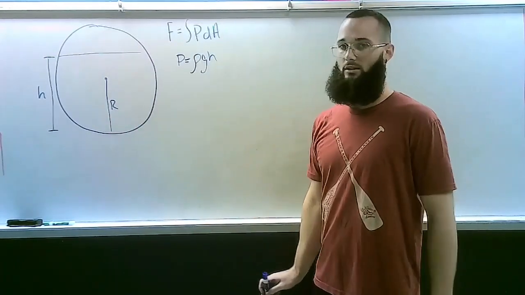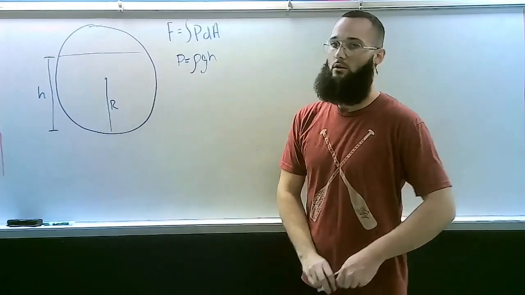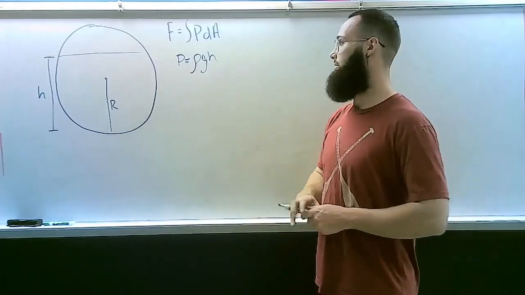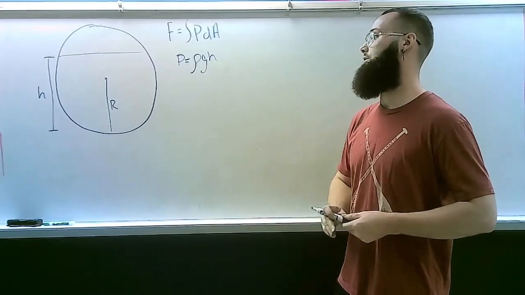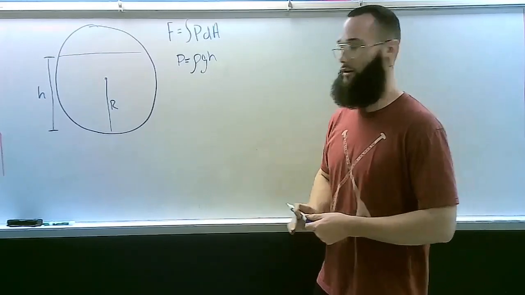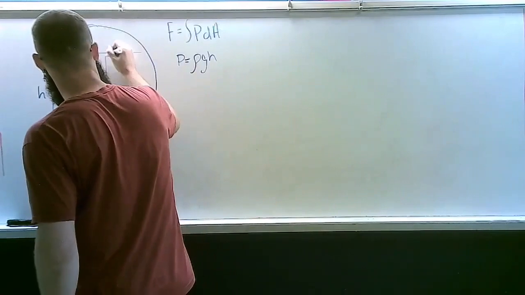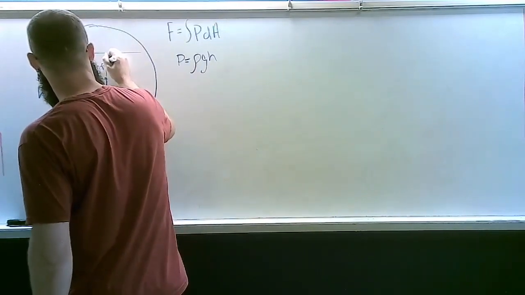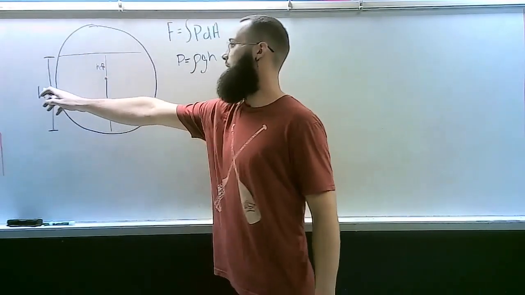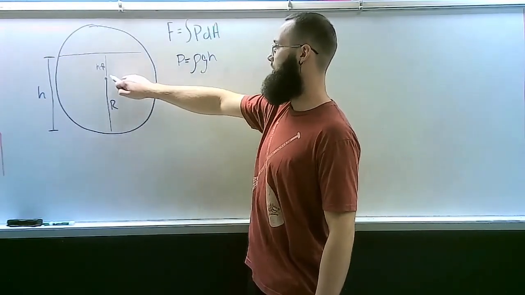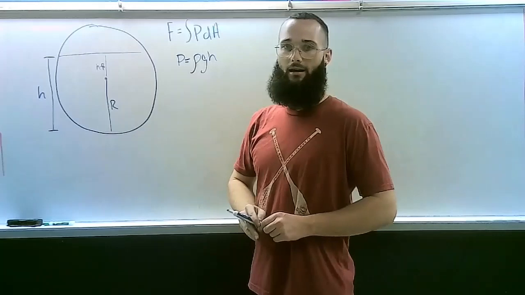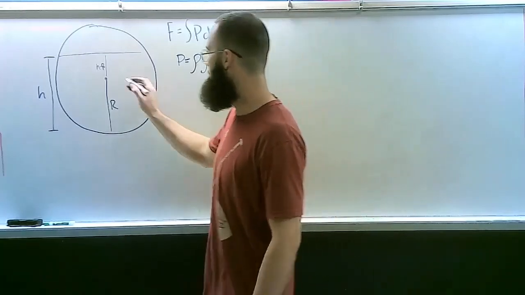However, it's not as simple as the last time. Because this is a circle, we would like to change all instances of h into polar coordinates. So we're going to change everything for h in terms of theta, which means, because this height of the fluid is h, and we know the radius r, that means the distance from the center to the top of the fluid has to be h minus r.